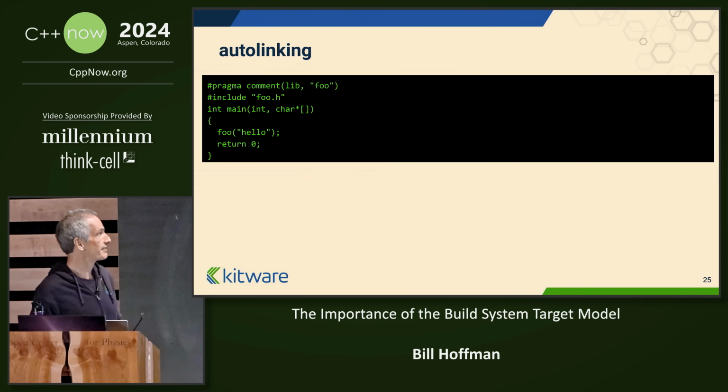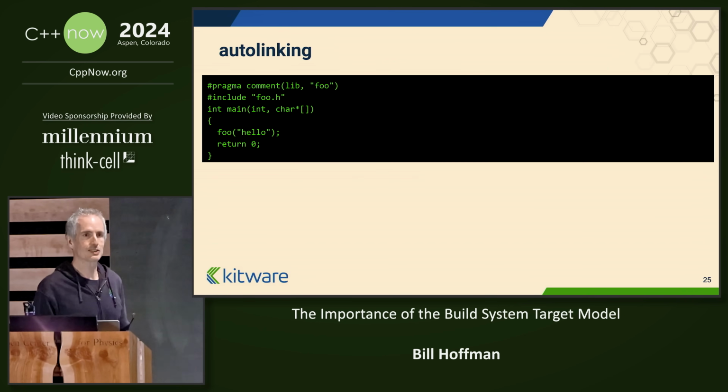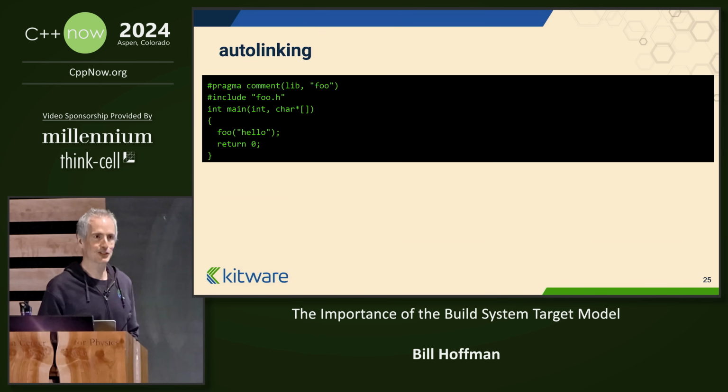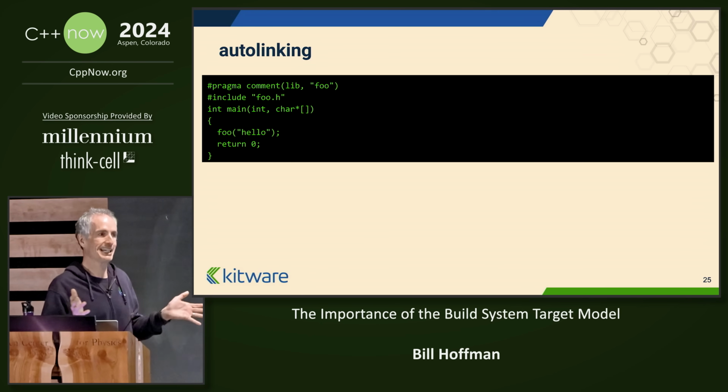Auto-linking, this is a thing that you see a lot on Windows and some of the libraries I've seen that can definitely confound developers. I remember running into this early on in my career and like, why is it trying to link that? Like, where is that coming from? It's not even on the command line.